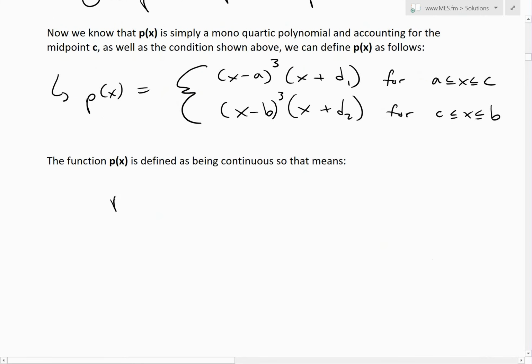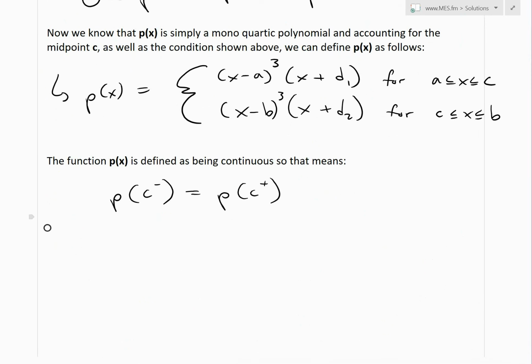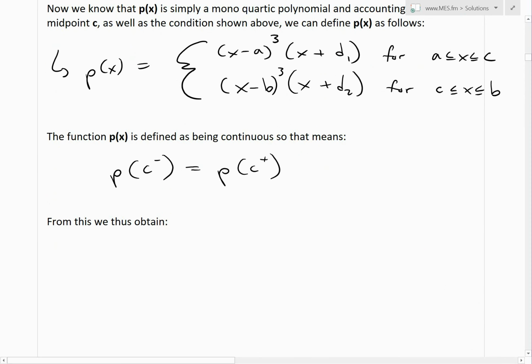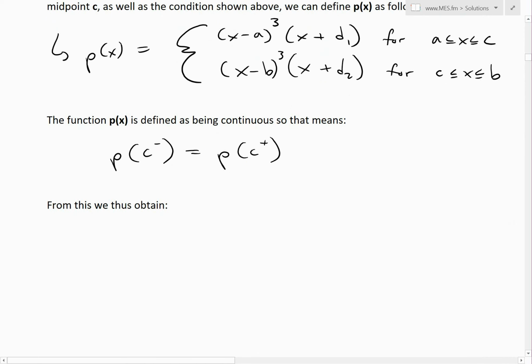So we have p of c minus, the left side, equals p of c plus. We are defining it so that this is the case, and we just need to solve for the coefficients to make it match up. When we set these equal to each other, the left side is plugged into this function and the right side into that function.